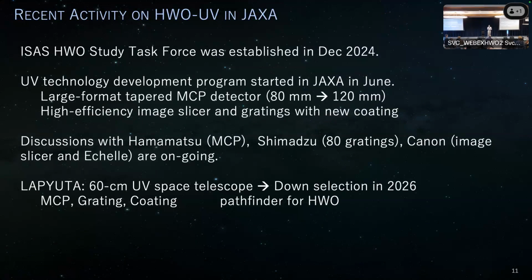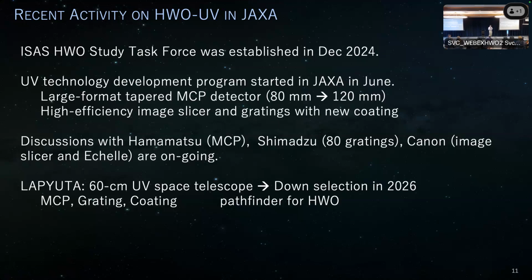So, recent activity, which was introduced this morning. We just established the ISAS H-level study task force team at the end of last year. And recently a UV technology development program was approved in JAXA in June, and we start next month.